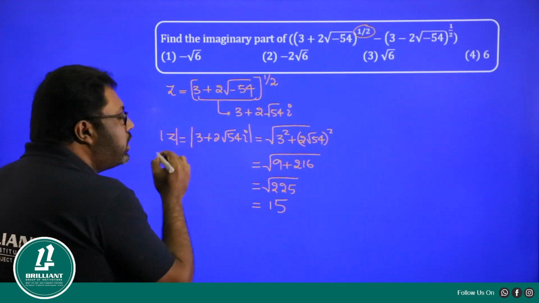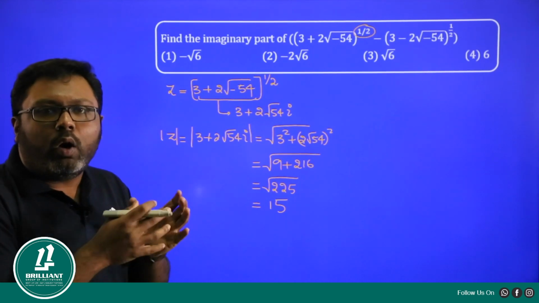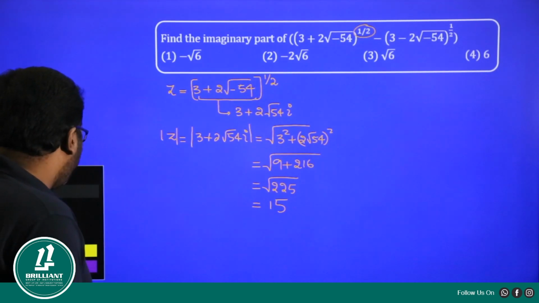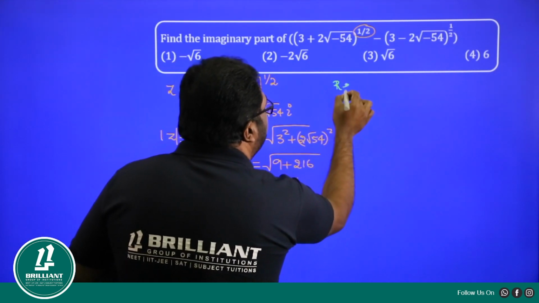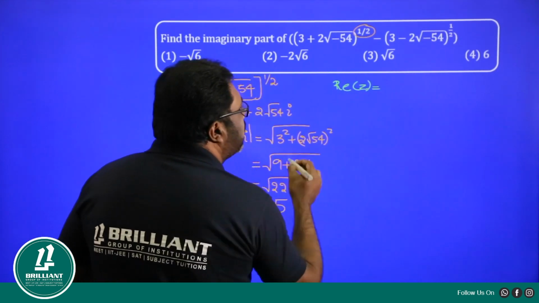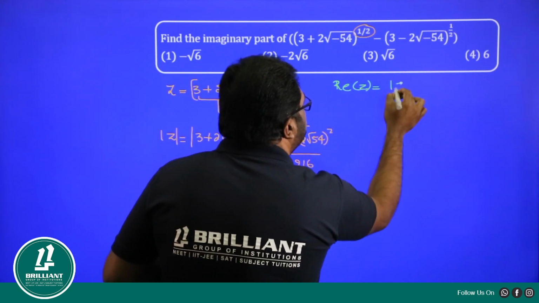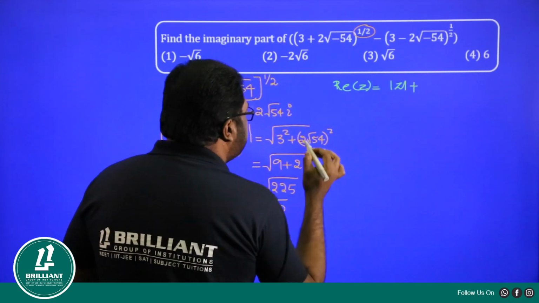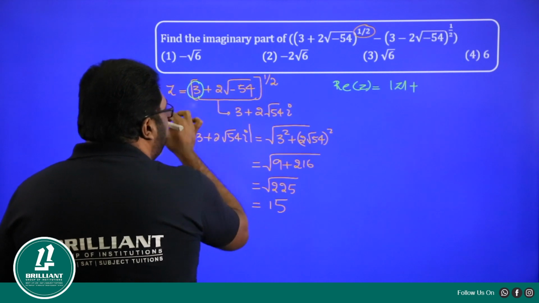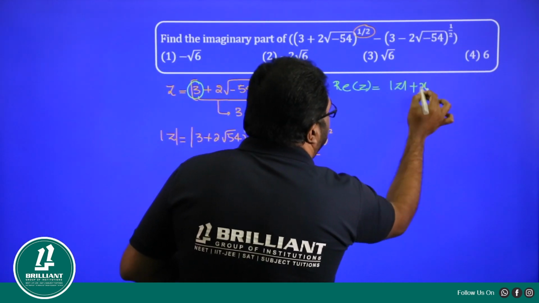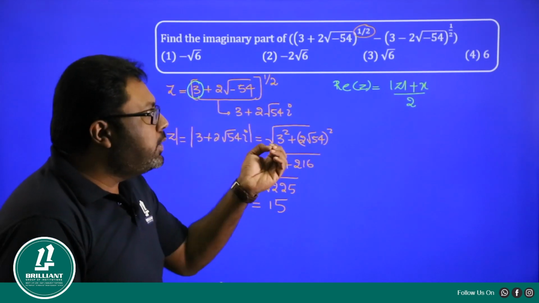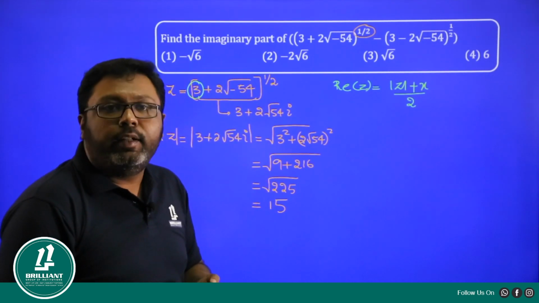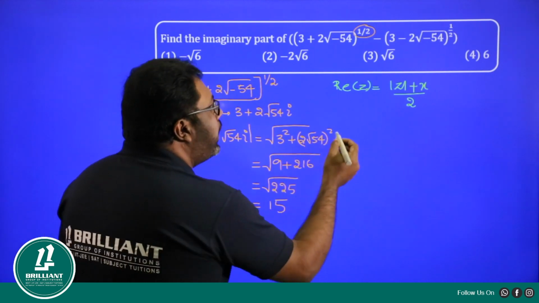If I know the modulus, the real part of this complex number is given by the square root of (mod z + x)/2, where x is my 3.